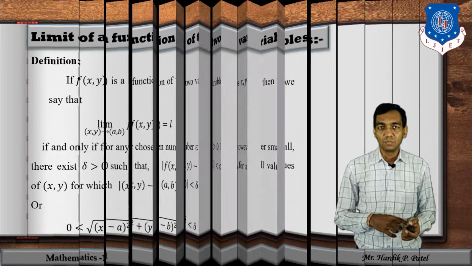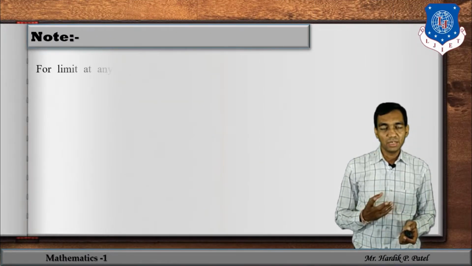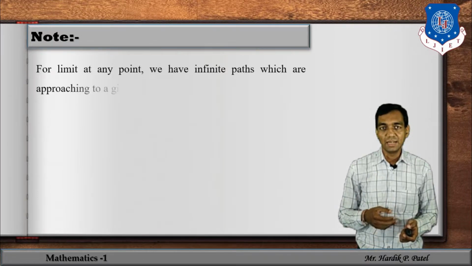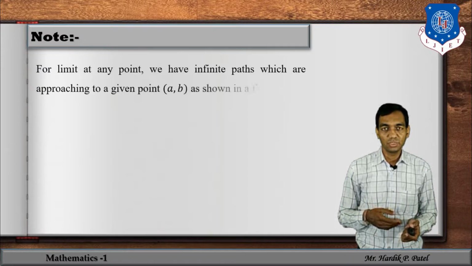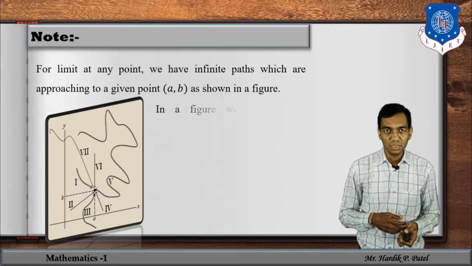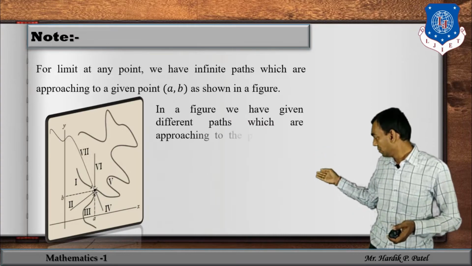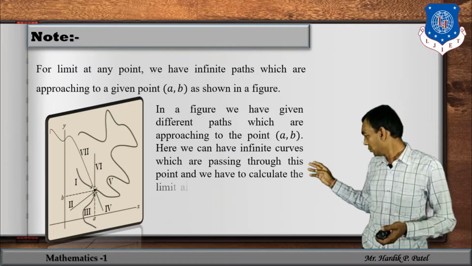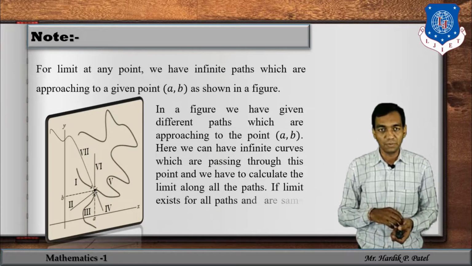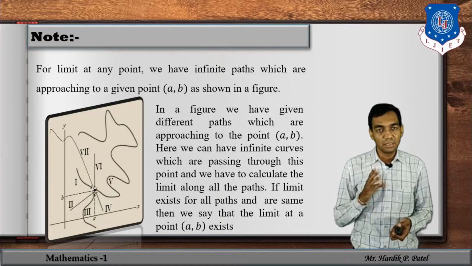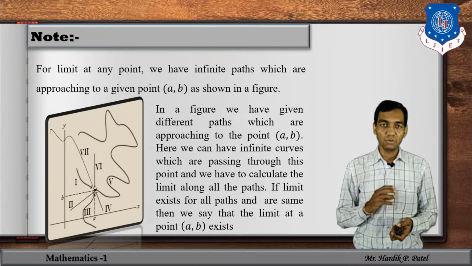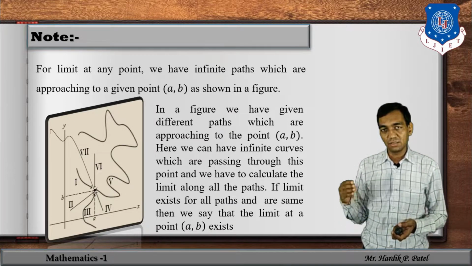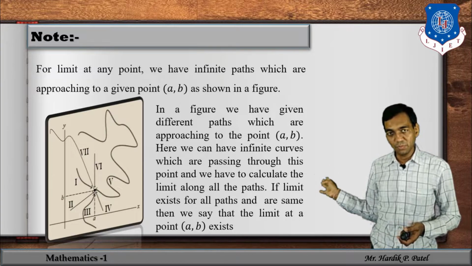Generally, we do not use the epsilon delta definition to find the limit. For finding the limit at any point, we consider the path approach. Here in the figure, we have given 7 different paths going to the point a comma b. There are infinitely many paths which can pass through the point a comma b, and they approach the point a comma b from different sides.